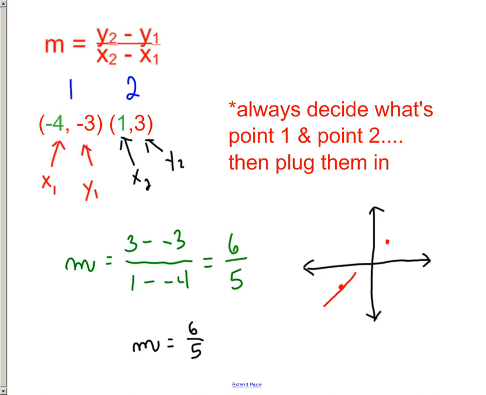So here's this line, and I took 2 points from it: -4, -3, and 1, positive 3. I stuffed them into this formula, and I was able to figure out the slope of this line is 6/5.